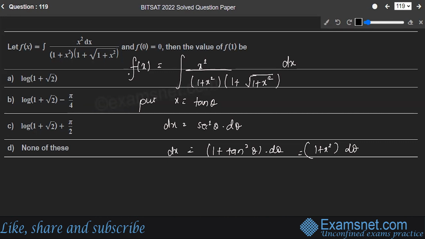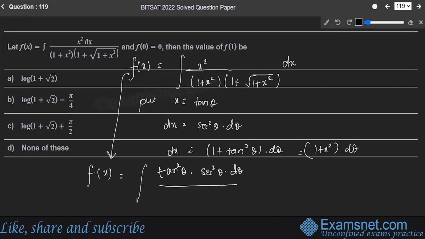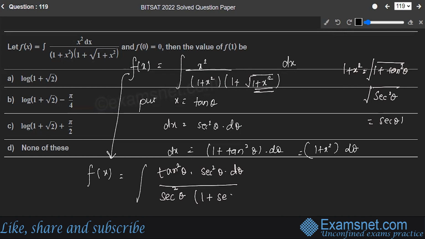Now let's get back to our f(x). f(x) will be equal to the integral of x square, I'm going to put the x square now, so this can be written as tangent square theta into secant square theta d theta, whole divided by secant square theta into 1 plus, see, 1 plus x squared is equal to 1 plus tangent square theta, and the root of this can be written as secant square theta, so this is equal to secant theta.